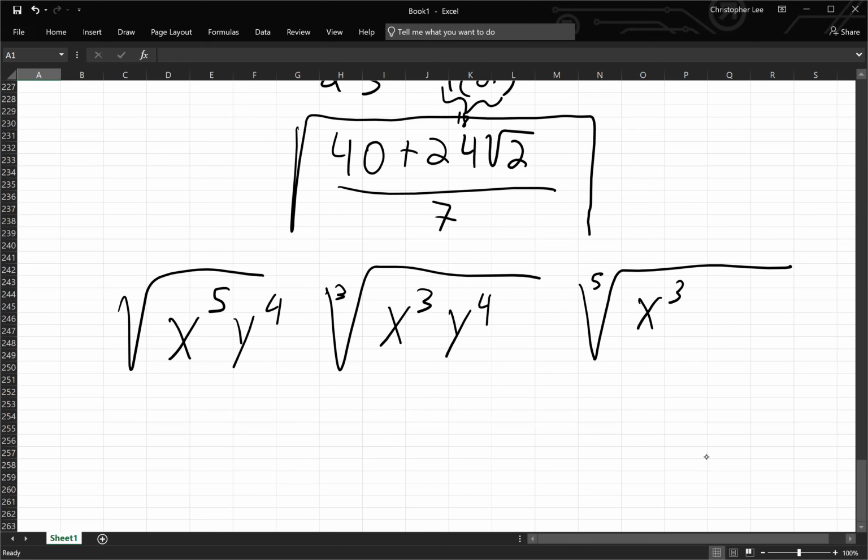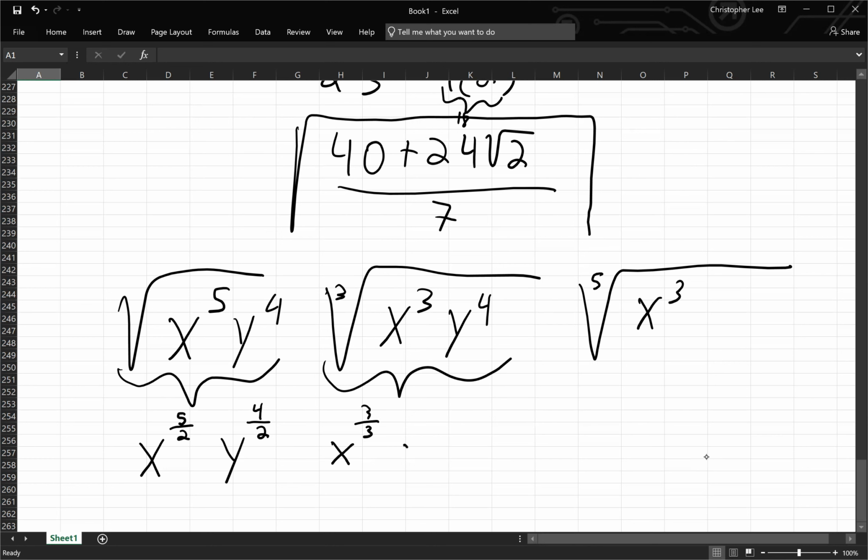Little bit. So what I would do, I'll put the root on top of everybody, right? So I would make this first part here x to the 5 over 2 and y to the 4 over 2. Then I would make this next part here x to the 3 over 3, y to the 4 over 3. Right? And all these are being multiplied, by the way.